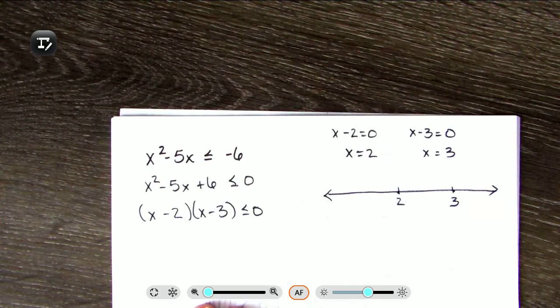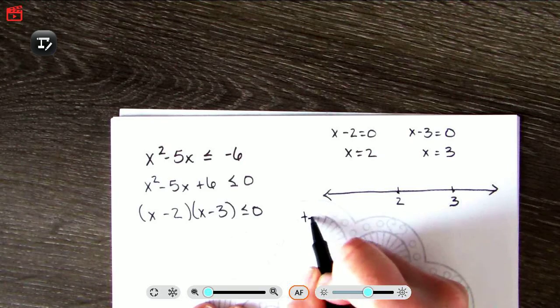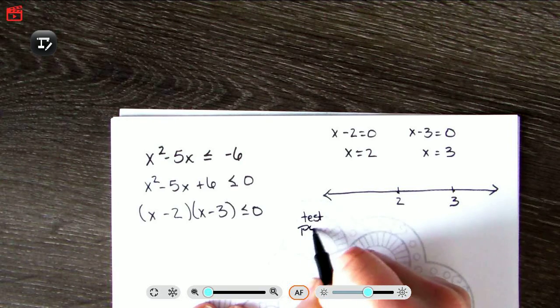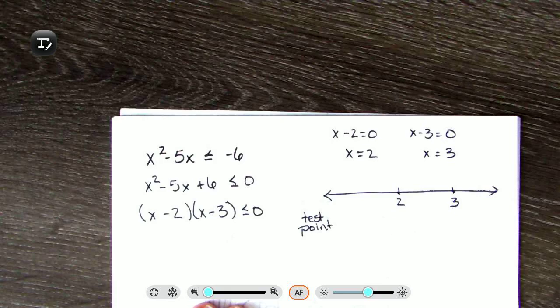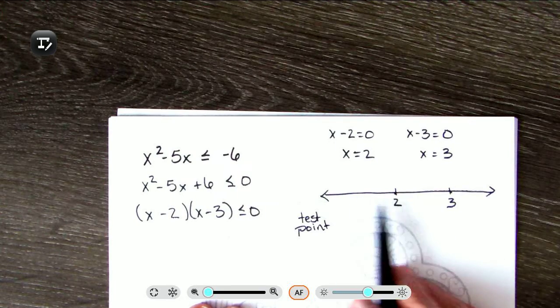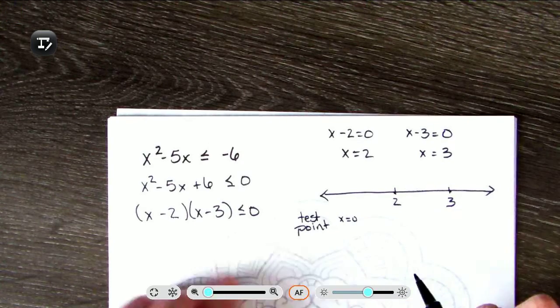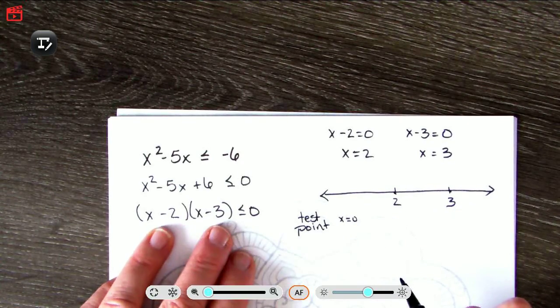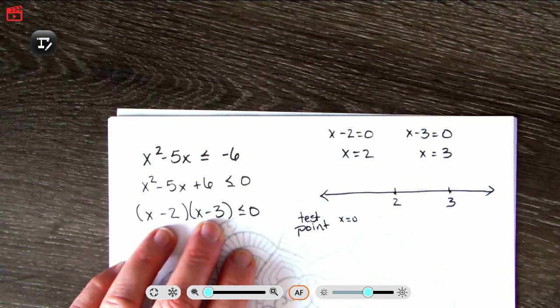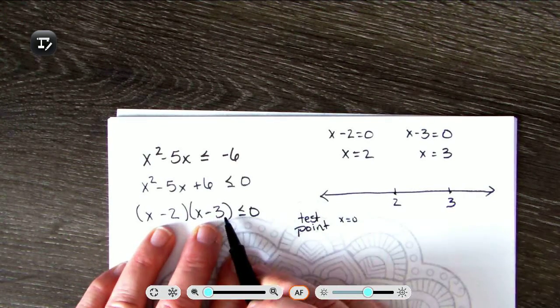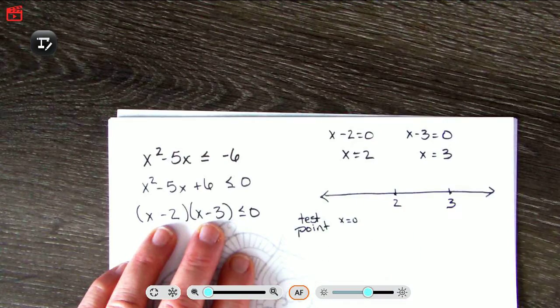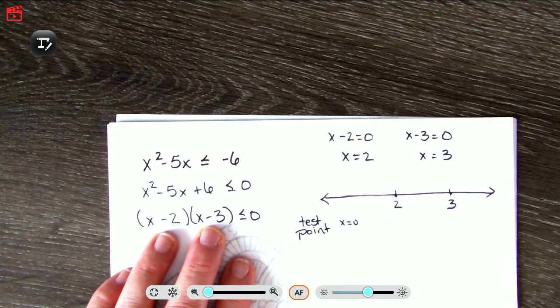To figure that out, what we will do is just take a test point from each of those regions. So I'm going to take a test point of a value that is smaller than 2. The nice number that's smaller than 2 is 0. And I'm going to just look at what happens when I substitute that 0 into this side of the equation. Now, I don't care exactly what the value is.